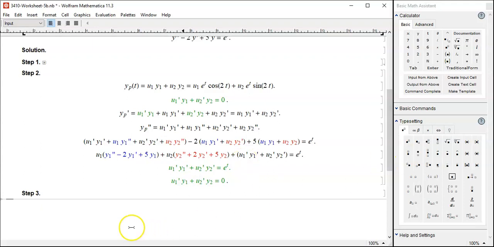This system of linear equations is going to be a bit tedious, so let's use a computer algebra system.